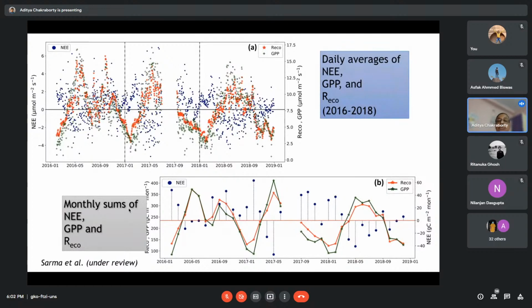On an annual scale, we have seen that GPP in 2016 shows a lower value compared to RECO, and in 2018 it is marginally higher than RECO. So what we can say is that in 2016, Kaziranga forest acted as a source of carbon, and in 2018 it acted as a very mild sink of carbon.